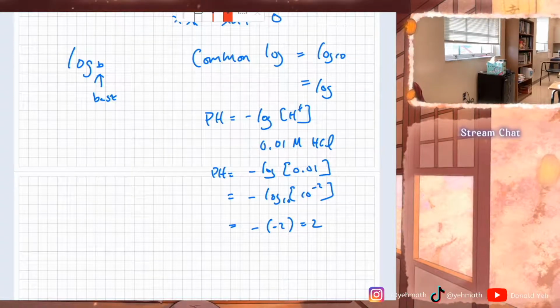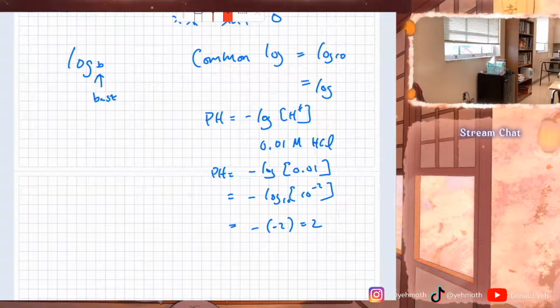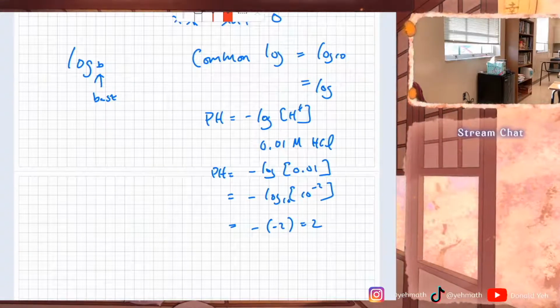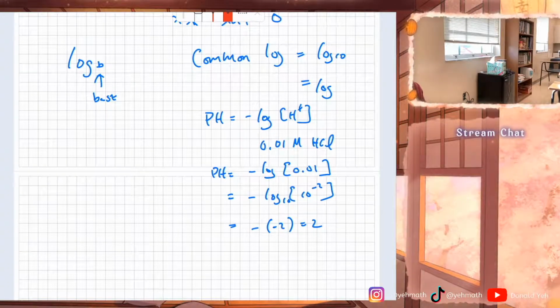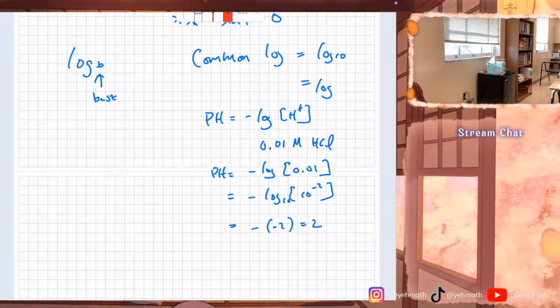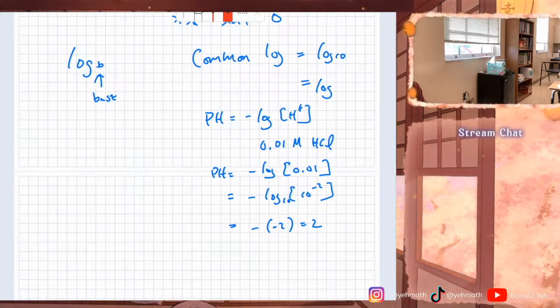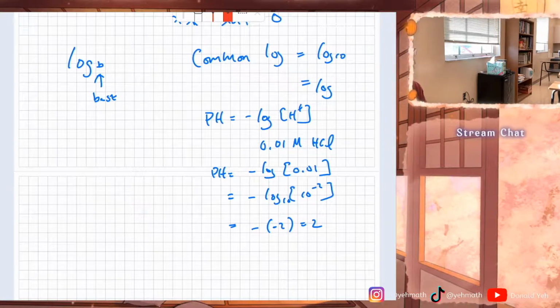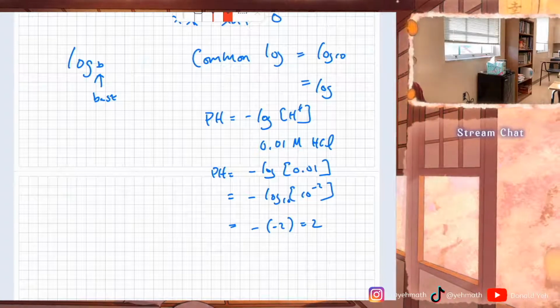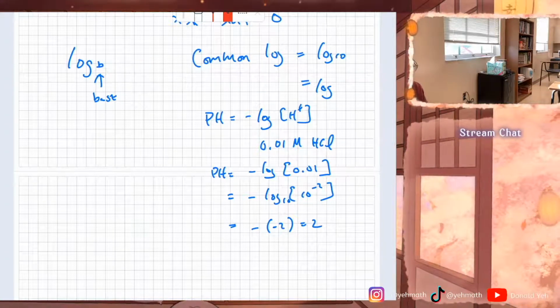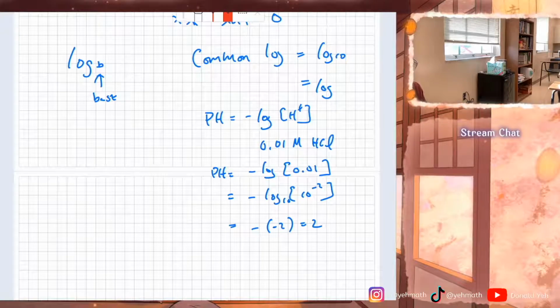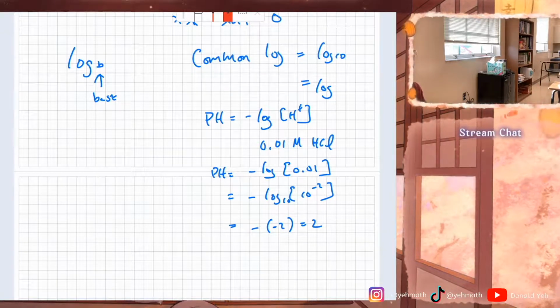No. Cage? We have a mucosal lining in our stomach. So that's something you probably need to understand if you're in biomedicals. A lot of those things are very important if you want to become a doctor. So the pH in this case is 2.